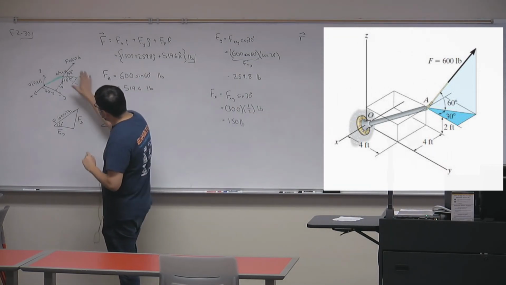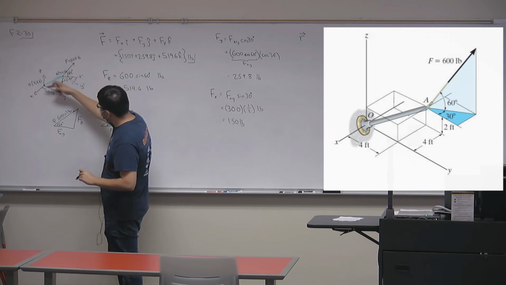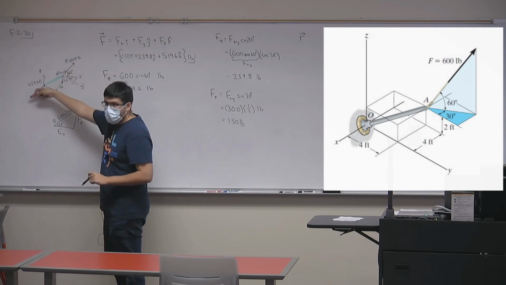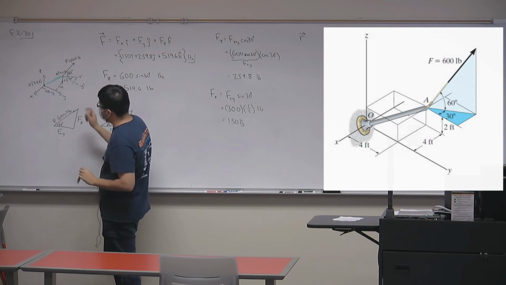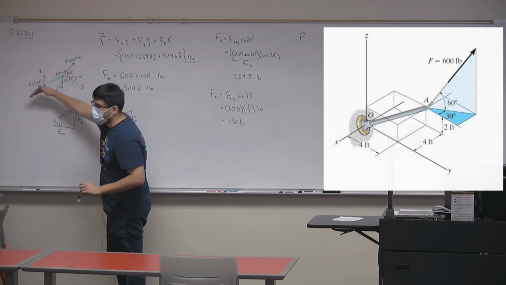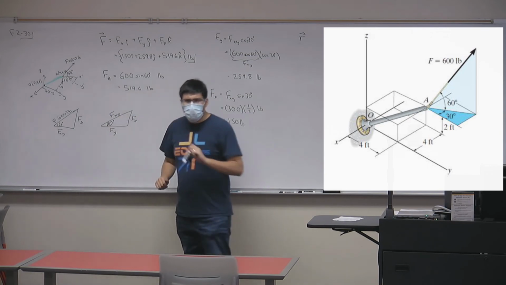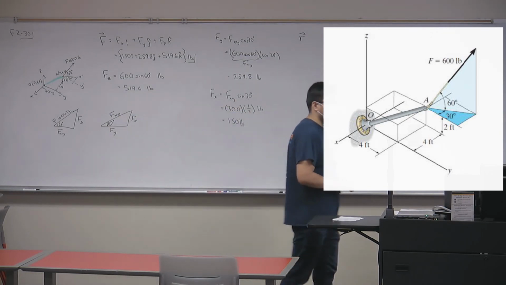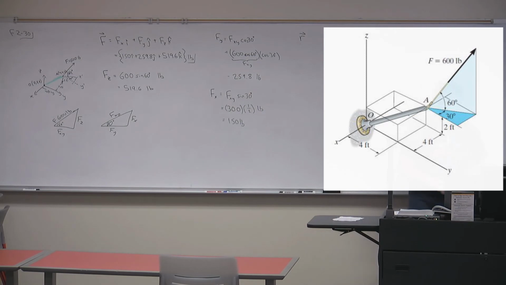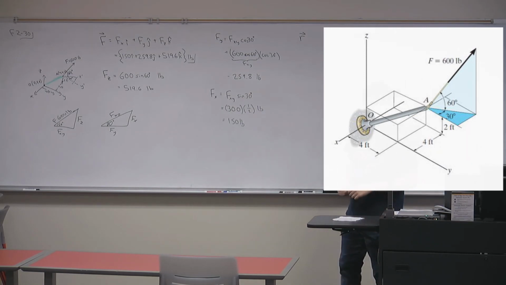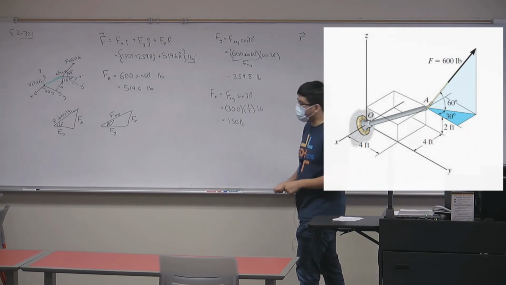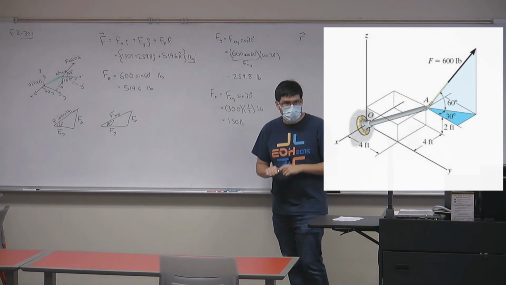Remember, we want the force component that's parallel to this line. So what that should tell you is that we want the position vector to be along this line. So what two points do we have? A to O. Okay, A to O, is that correct? Drew, can you help a little bit? Would you say A to O? Is that the position vector that we're looking for? From A to O?